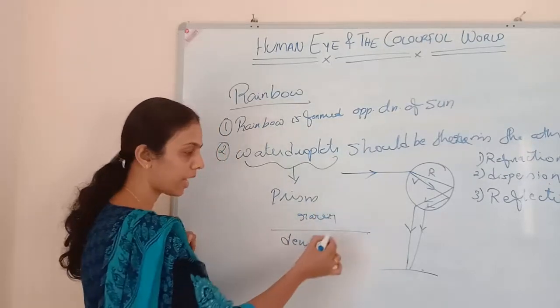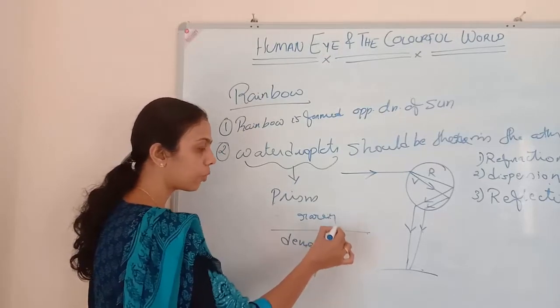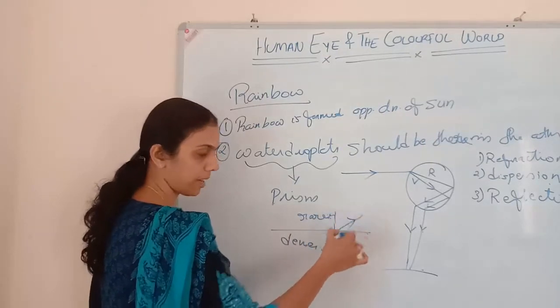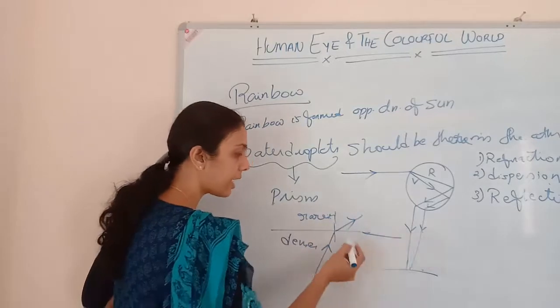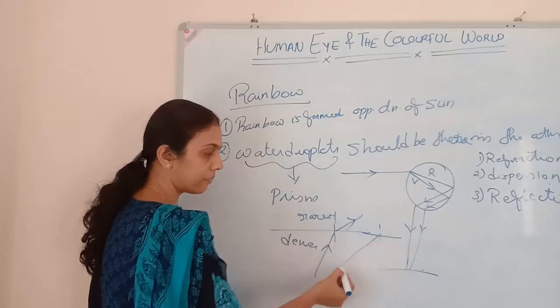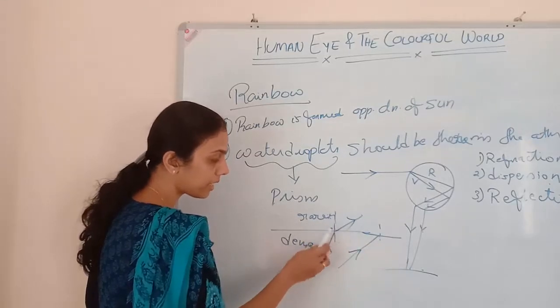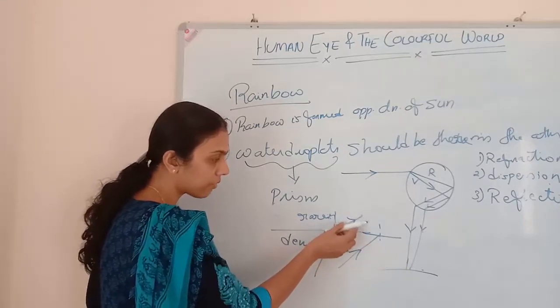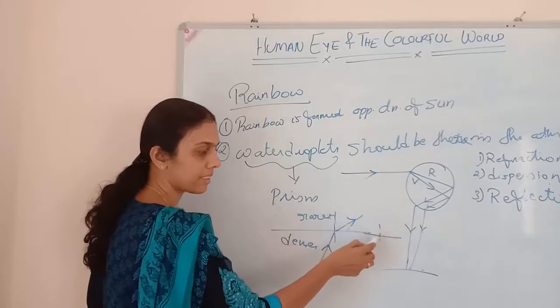The light ray will move away from the normal. Like that, while we are increasing our incident angle, what will happen? It will reflect and come like this.